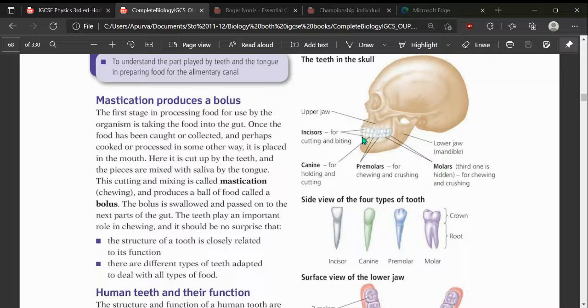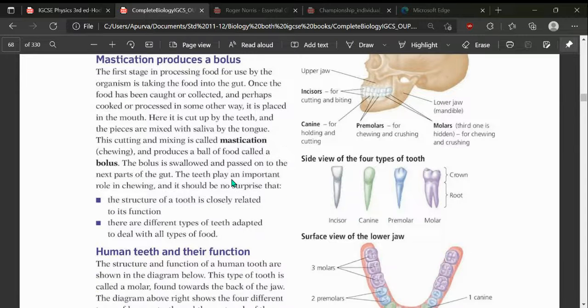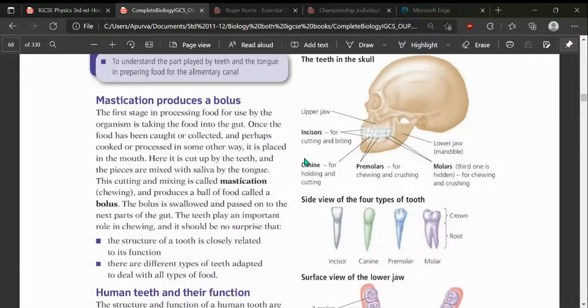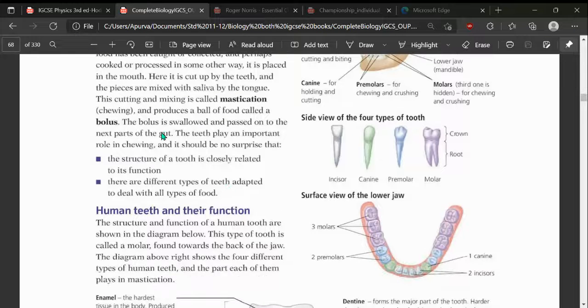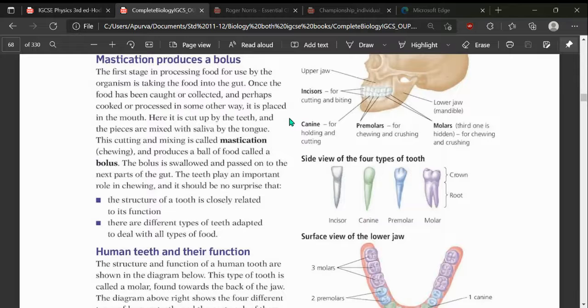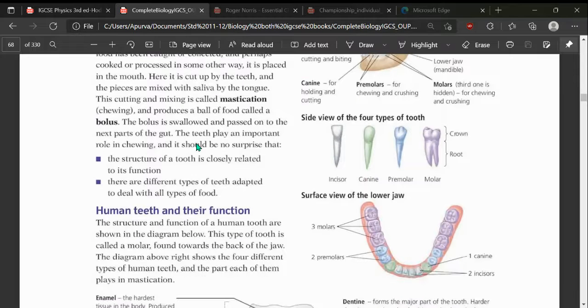Then the teeth cut it up, and the pieces are mixed with your saliva by the tongue. This process is called mastication or chewing, as we all know, and produces a ball of food called a bolus. The bolus is swallowed and passed on to the next part of the gut.